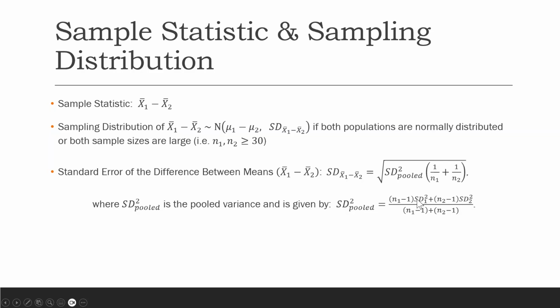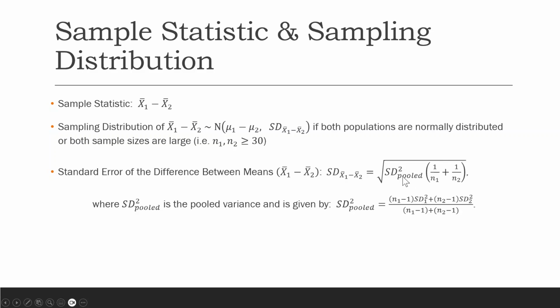So you can think of this numerator here as a weighted sum of the variances, right? And then if I divide it by the sum of those degrees of freedom, I get that pooled variance. And so if I really wanted the formula for the standard error of the difference between the means, it would be this whole term here in place of that pooled squared standard deviation, which is your pooled variance.